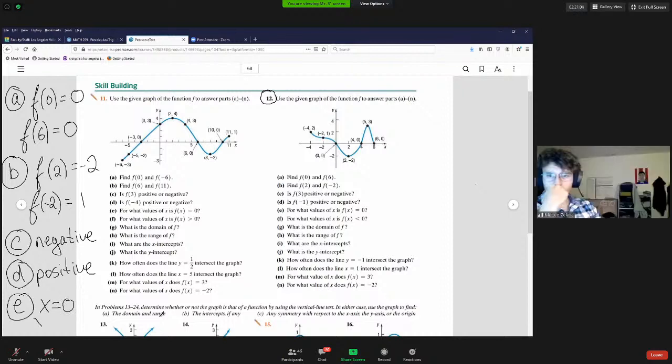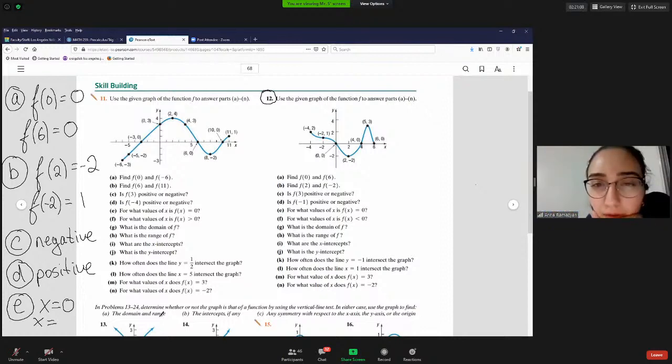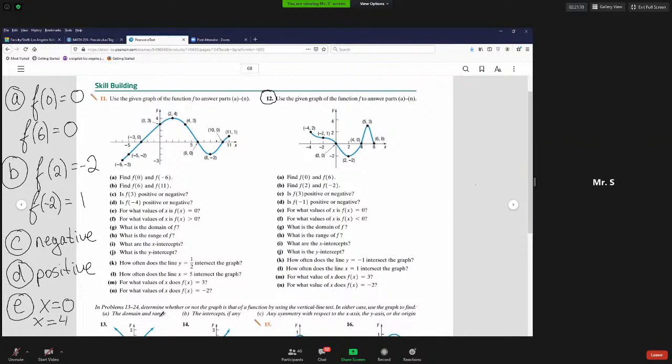Yes, at 4 and 6. 4, 0 and 6, 0. We have to list all the points for which the y value is 0, and there are 3 of those points: 0, 0, 4, 0, and 6, 0. So we have 3 different x values to list: x is 0, x is 4, and x is 6 would be the answers for part E.